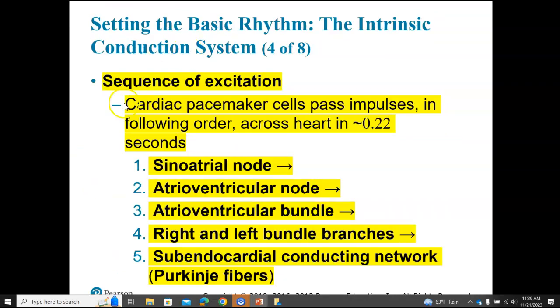And the sequence of excitation begins with the cardiac pacemaker cells in the SA node or sinoatrial node.